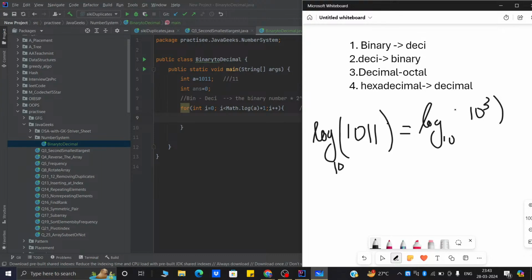The plus something is not considered, as it considers only the integer number. So the highest power is 3, and 3 will come down here, and log 10 base 10 is 1. So it will give me 3.